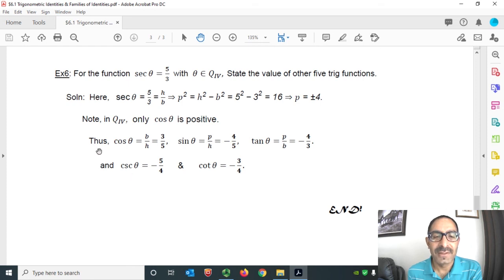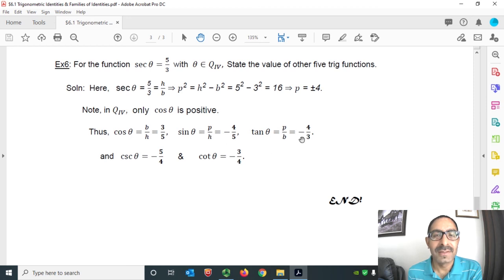Hence, cosine theta equals the ratio of base over hypotenuse, so b over h. B is 3, h is 5, so 3/5. Now sine theta turns out to be perpendicular over hypotenuse, so p is -4 and h is 5, since sine theta is negative in the fourth quadrant.